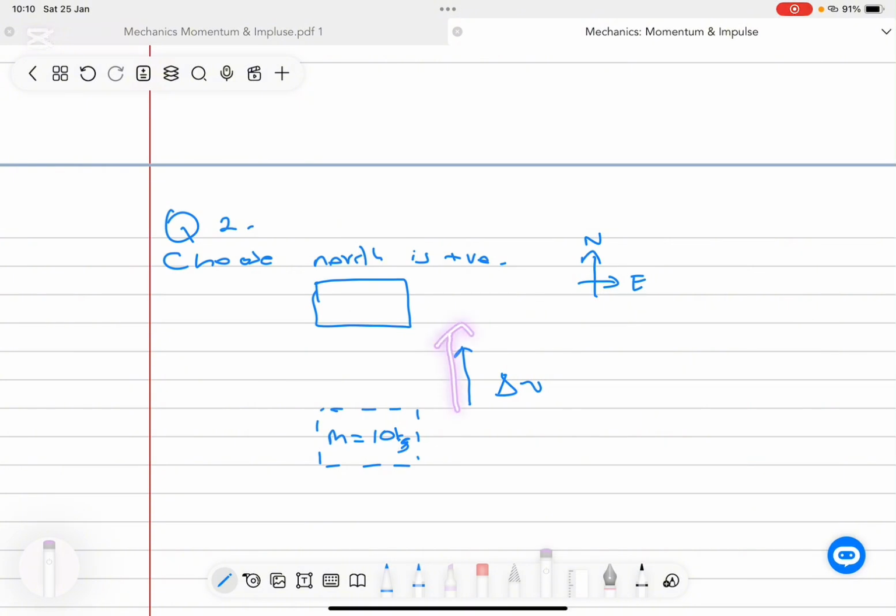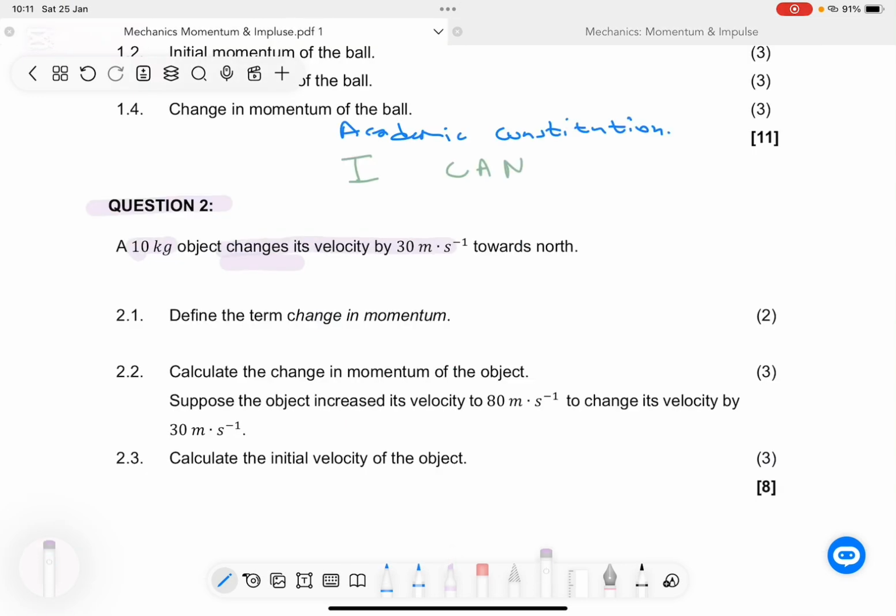So this means that any vector that goes to the north will be positive. Hence here my change in velocity, I'm going to write it as 30 meters per second because it's going towards north, which I chose as the positive direction. Now at this stage, I've done the interpretation of the problem based on what I'm given.